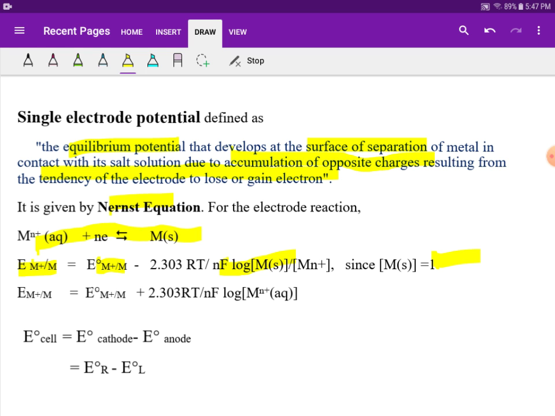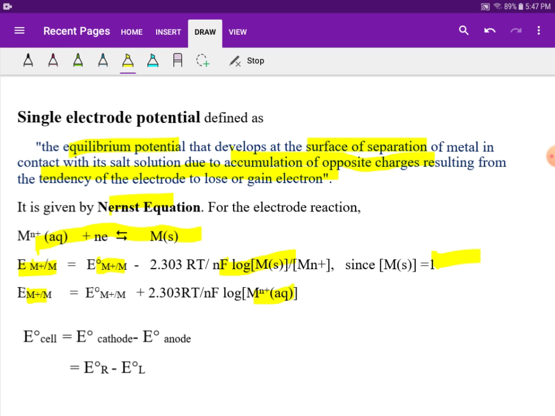Therefore, the equation can be rewritten as E(M^n+(aq)|M), the single electrode potential, is equal to E0(M^n+(aq)|M), the standard single electrode potential, plus, the sign changes, 2.303RT/nF log [M^n+(aq)], where [M^n+(aq)] represents the concentration of the salt solution.